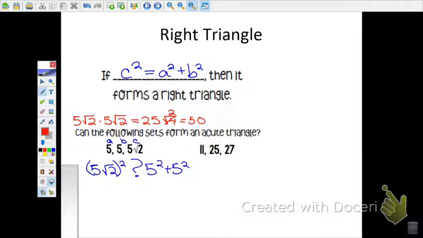Or if you remember exponent rules from algebra, this exponent has to go to the 5 and to the square root of 2. So 5 squared is 25. Then the square root and the square cancel each other out, so we get a number 2. So again, 25 times 2 is 50.